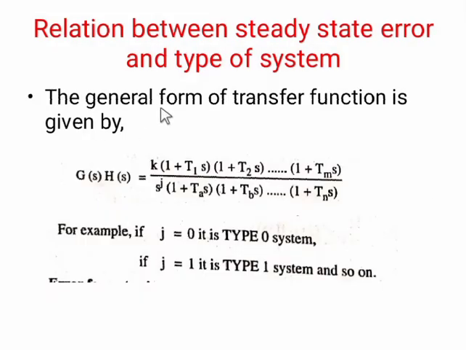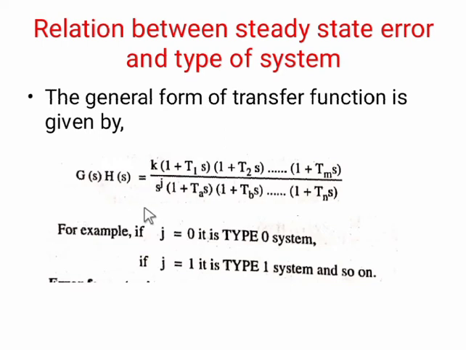Now the general form of the transfer function is given by K(1 plus T1 s)(1 plus T2 s) up to (1 plus Tm s), divided by, in the denominator, s to the j (1 plus Ta s)(1 plus Tb s) up to (1 plus Tn s), and K is the forward constant gain. This is the number of zeros up to m, and this is the number of poles up to n.